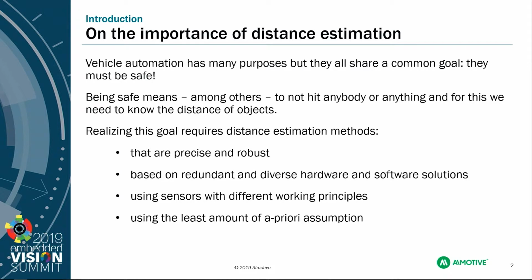But an ADAS ACC function does not guarantee that the car will always brake. That's a very big difference compared to automated driving. In automated driving, you have to guarantee at an ASIL D level to see objects and to see the empty space, so not to brake when there is nothing in front of you.